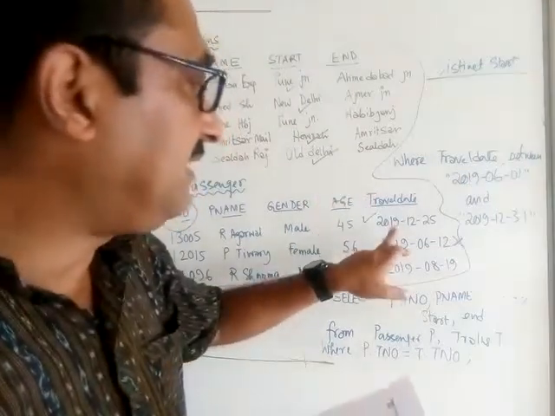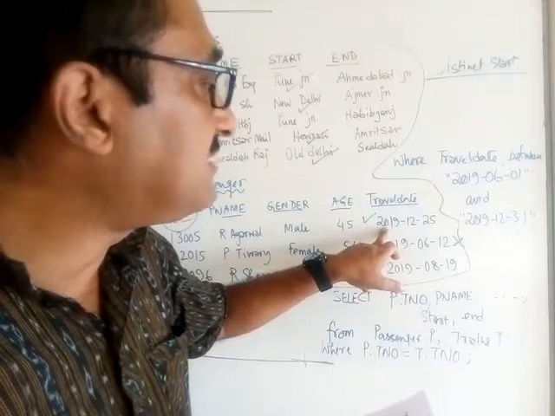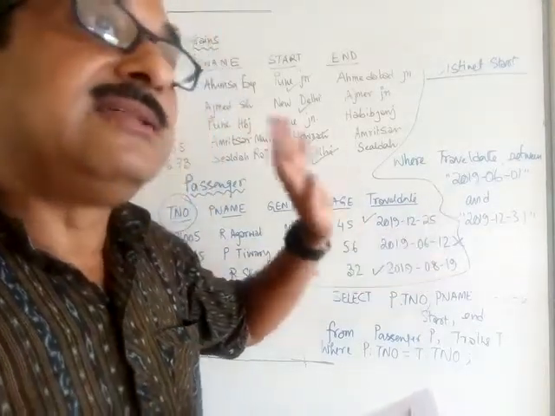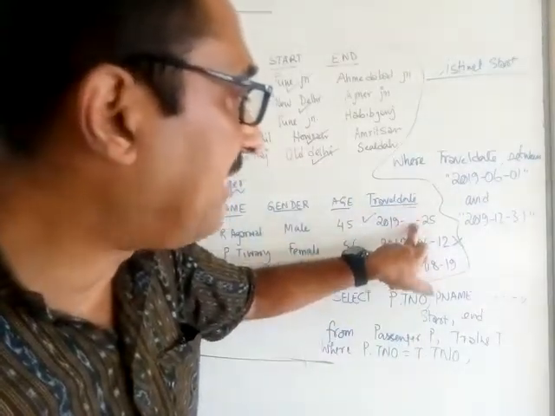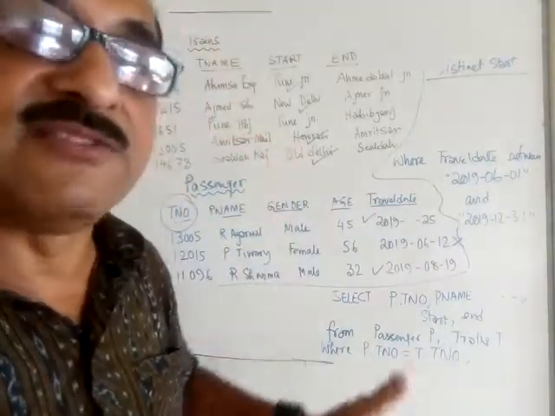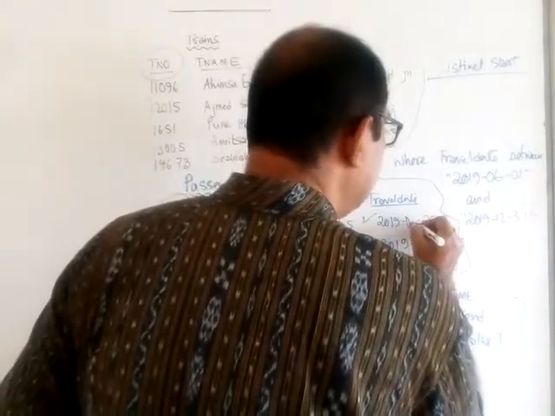Follow the table carefully. In most of the tables you will see it will be given the year first, month in the middle, and date at the last. There are some CBSE questions where I observed that the month number is not given. It's given 2019 DEC.